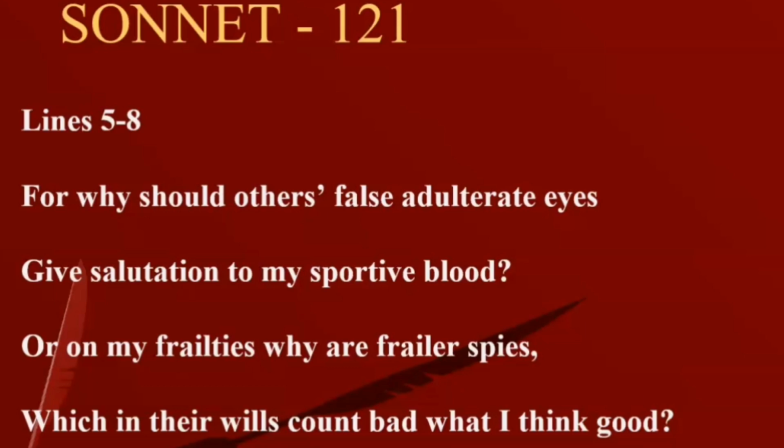He would like to even call their eyes adulterate. They are doing adultery with their eyes, no? Right? They are doing prostitution with their eyes. Why give salutation to my spotted blood? Right? Their false adulterate eyes give salutation to my spotted blood. Actually, my desire. And why are they just trying to belittle, why are they trying to belittle my desire, my lust?